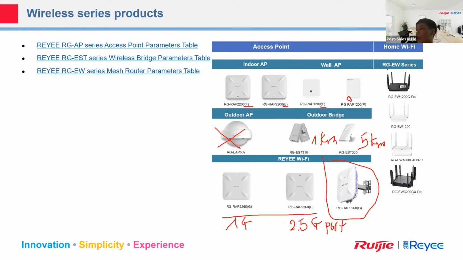Okay. And we also support the home Wi-Fi models now. EW300 Pro. This is Wi-Fi 4.